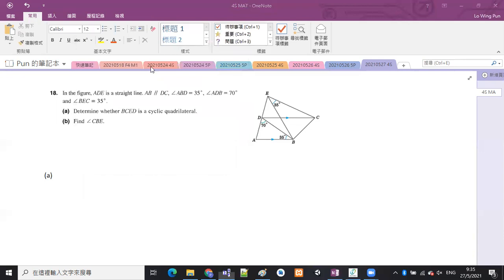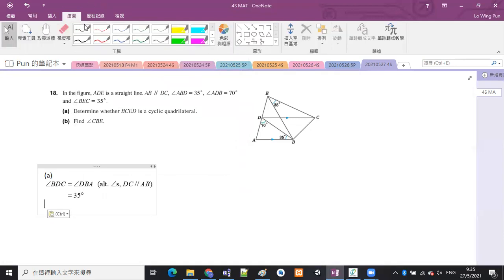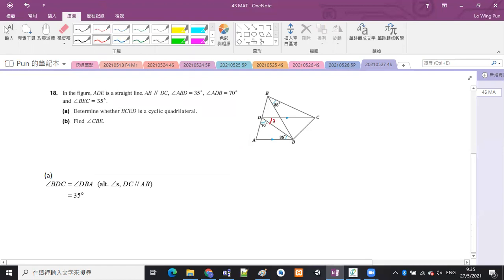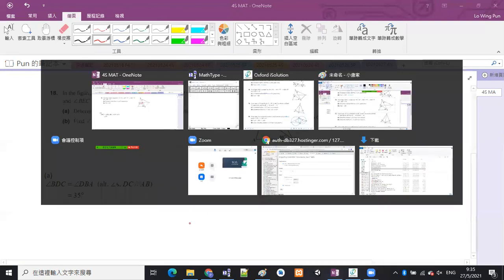So I just found that this angle is also equal to 35 degrees. And this 35 degrees and the angle BEC are exactly the same.